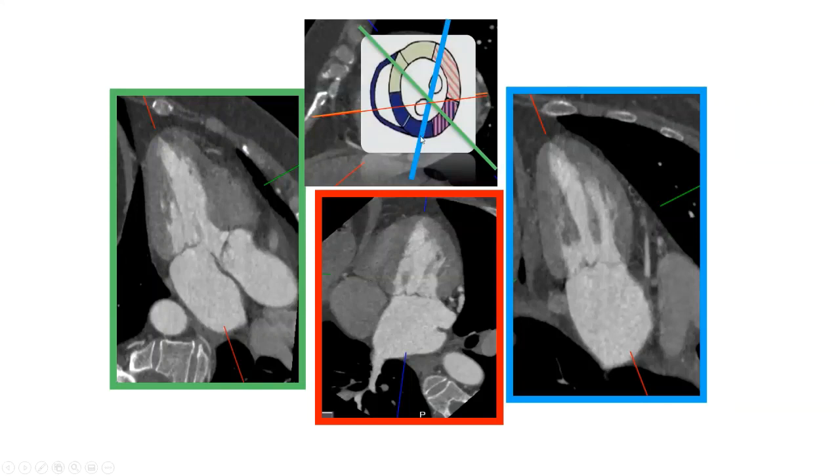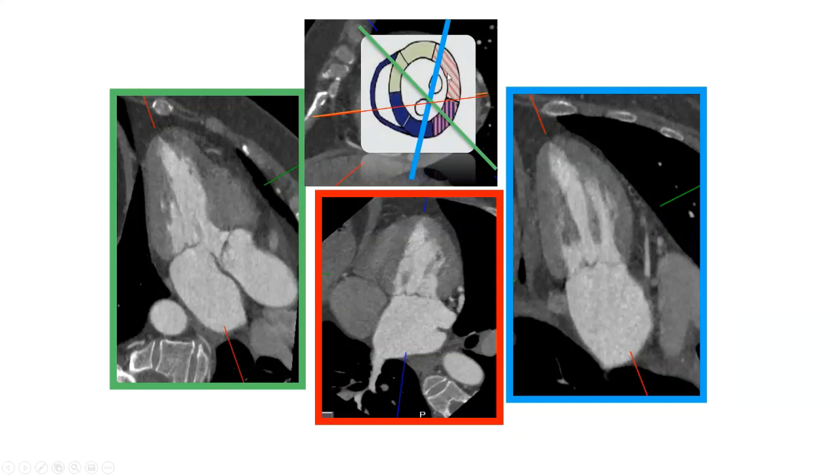In the two-chamber, the back wall is supplied by the RCA, given here in blue. It is sitting next door to circumflex territory, which is seen in this inferolateral wall here.